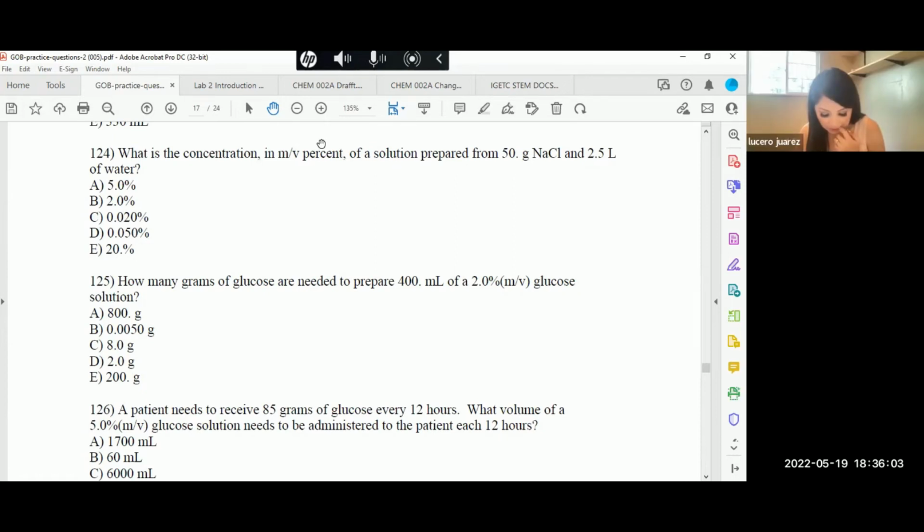What concentration in mass per volume percent is a solution prepared from 50 grams sodium chloride and 2.5 liters of water?